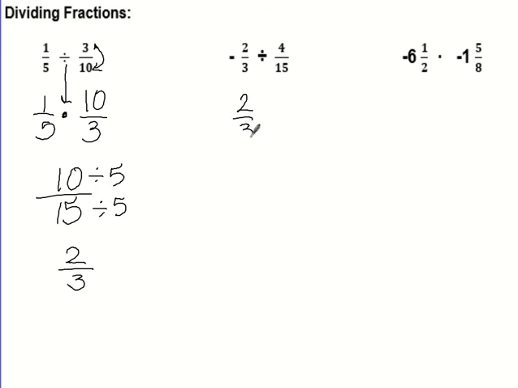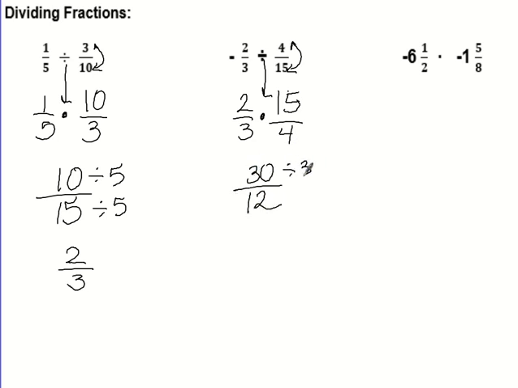Leave this one alone. Change this to multiplication. Switch these. Keep doing that. 15. Ooh, I can change that. 15 over 4. And then multiply across. That becomes 30 over 12.